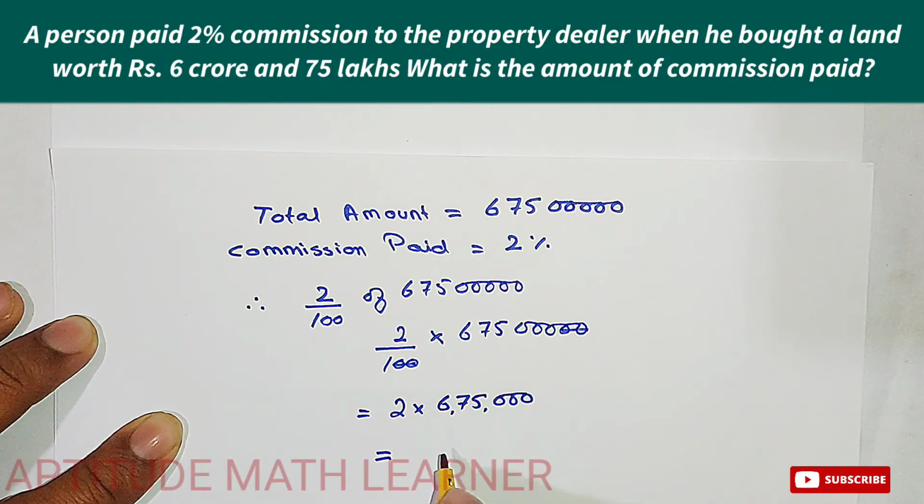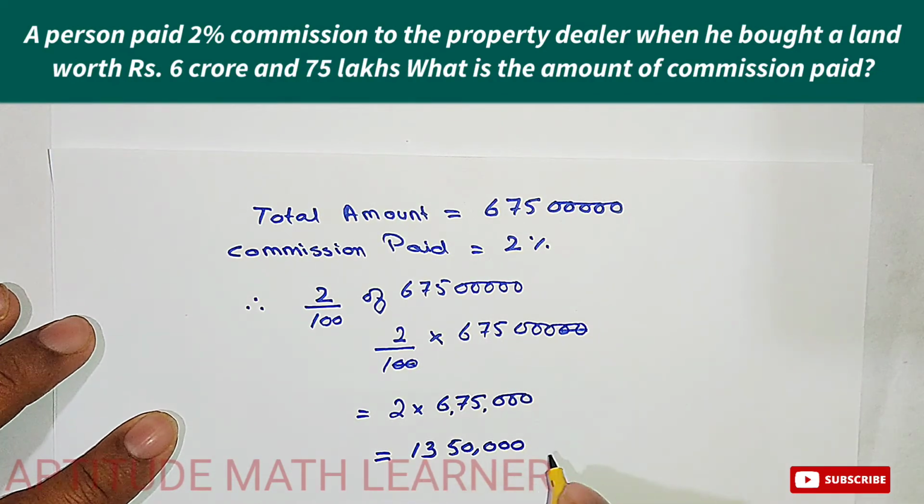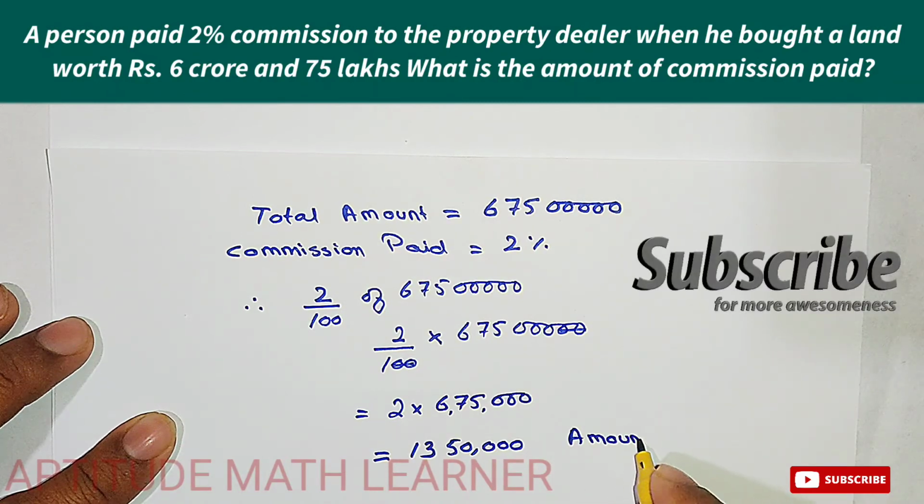So here we get 13 lakh and 50,000. So this is 13 lakh and 50,000. So this is the amount of commission.